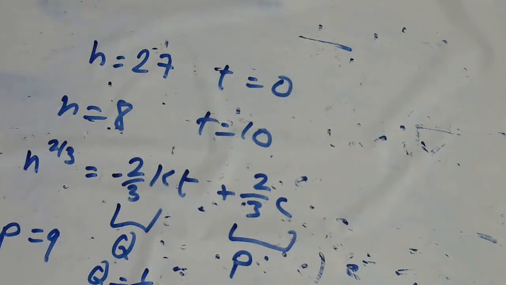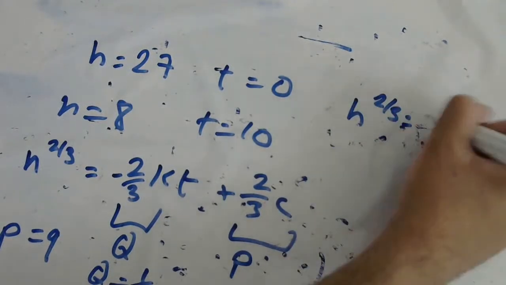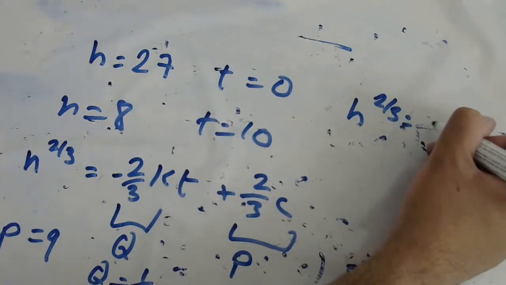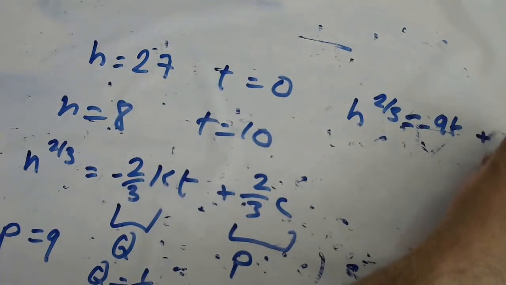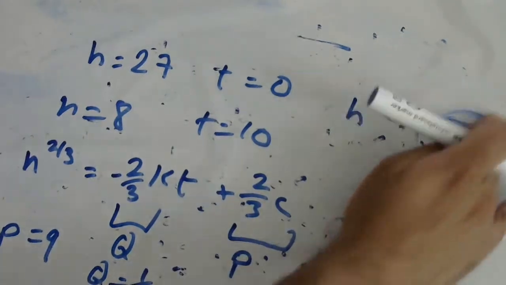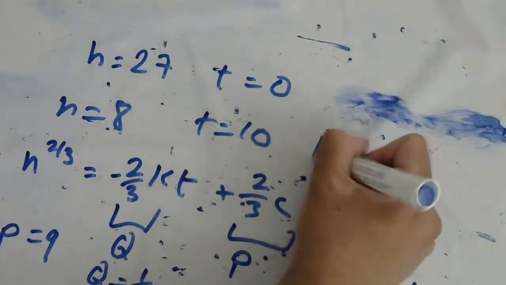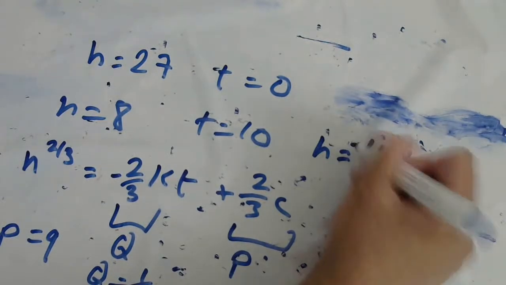H to the 2/3 equals minus a half t plus 9. Is that making sense?